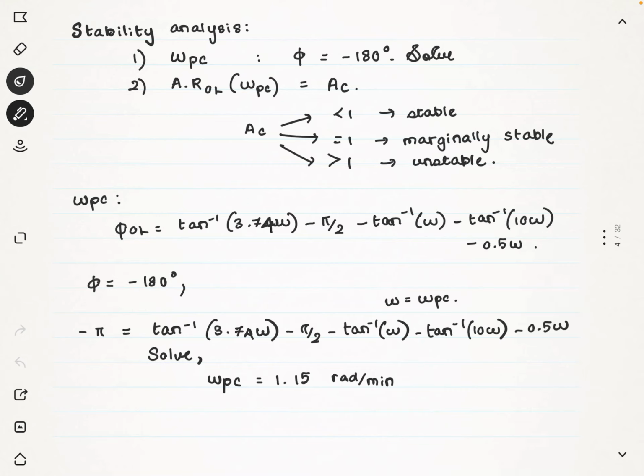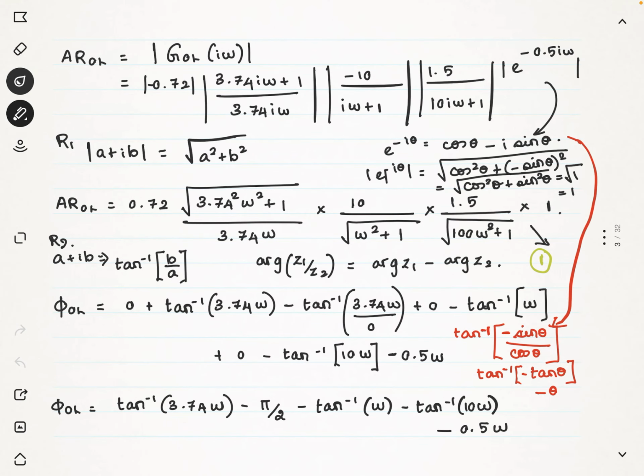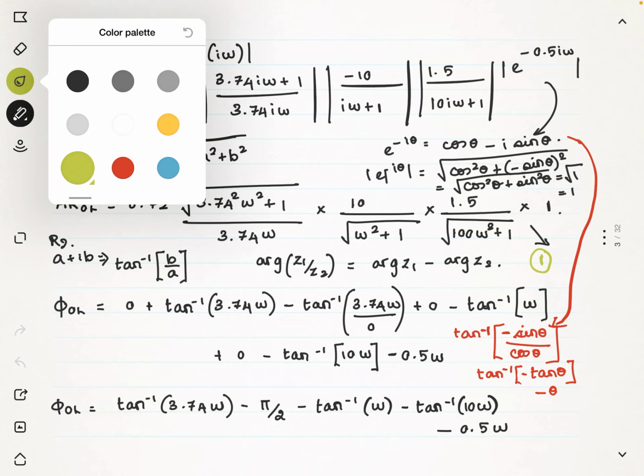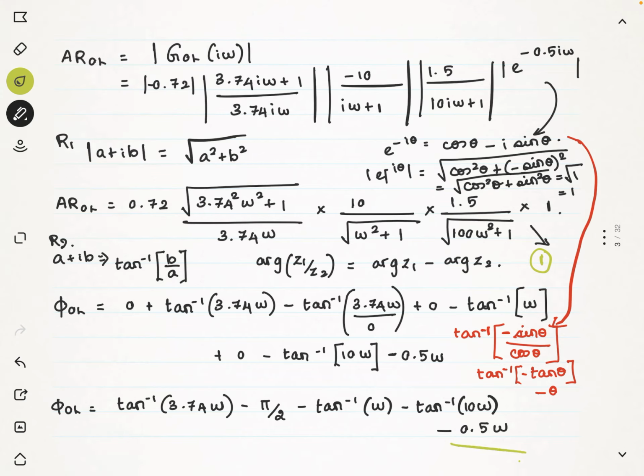So let's call it equation 2, because we'll be needing that to compute the theta. So let equation 1 be the equation of the amplitude ratio in terms of omega, and let equation 2 be the phase angle in terms of omega.